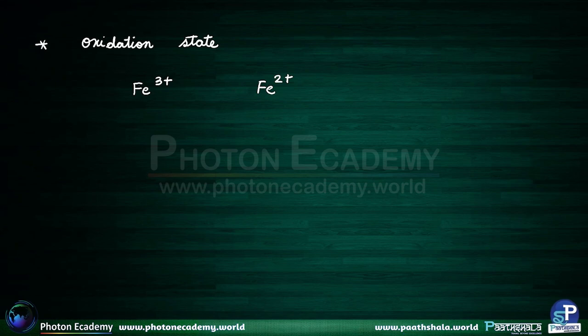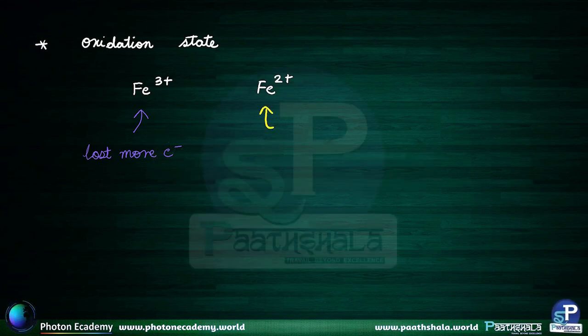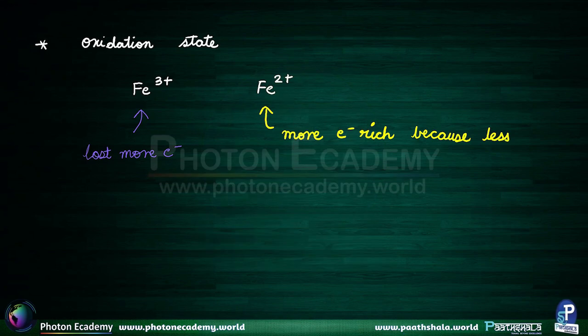So we know that this has lost more electrons as compared to the other one. So can we not say that this is more electron rich as compared to this one, the first one, because less electrons were removed?